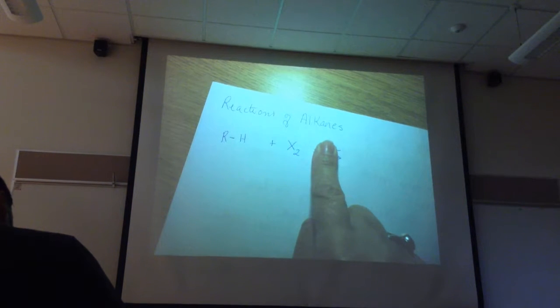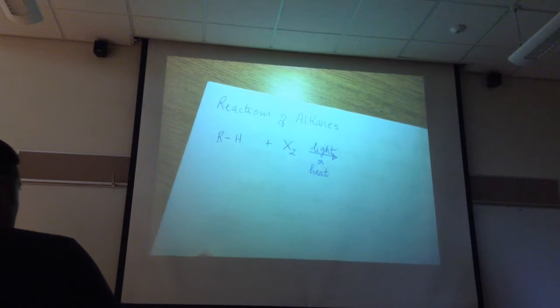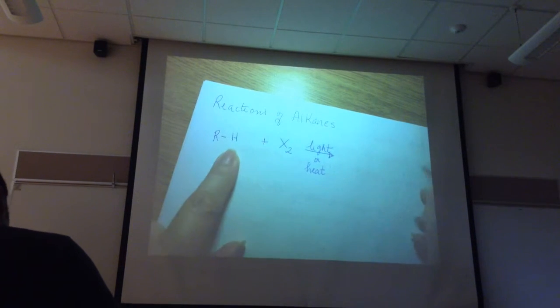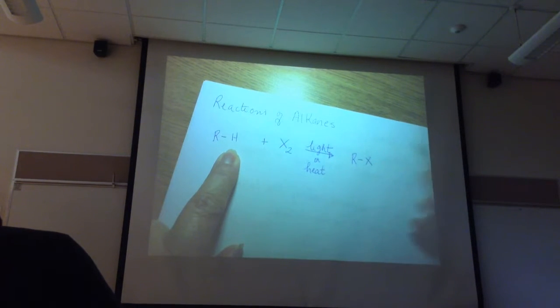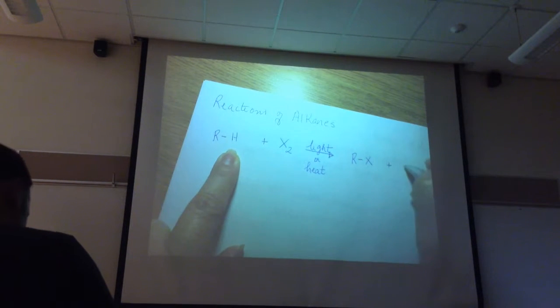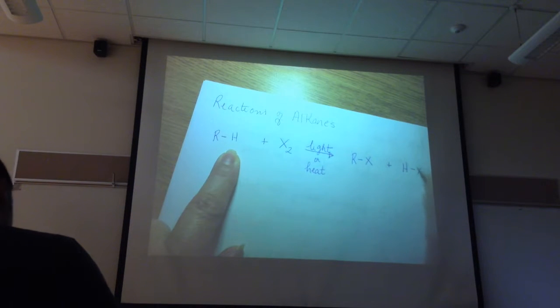We're not playing that game till Chem 4, but if they don't exist, like I said, if this is in the freezer or in the dark, over here will be no reaction. And what I know is that I'm going to substitute a hydrogen for a halogen, so it's seen as a substitution, and I'm going to substitute that hydrogen for the halogen.